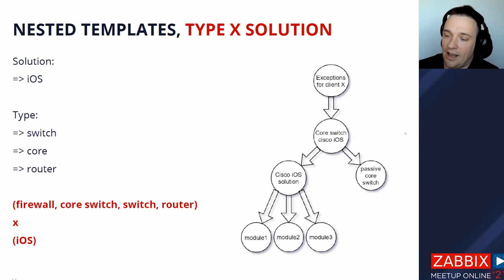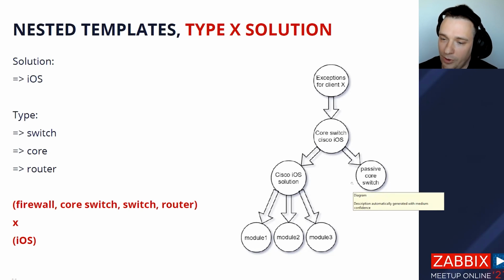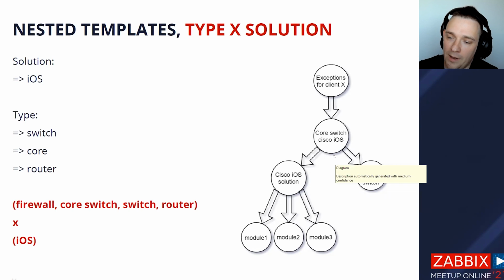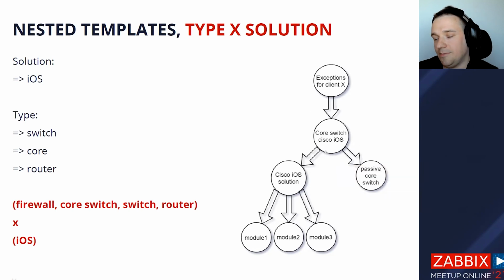And what we will do is attach this module, which reads the color of the icon, exactly to this level 3. So we have a solution to monitor the device, and at the same time there is a module which reads the icon.